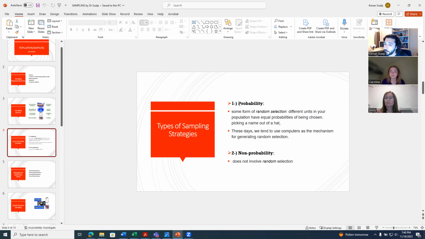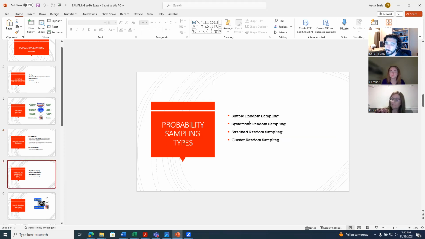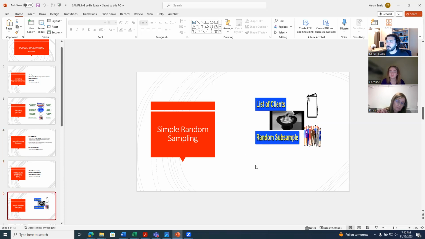So in terms of probability, we have these four sampling strategies: simple random sampling, systematic random sampling, stratified, and cluster random sampling strategies. Simple random sampling is literally like drawing a random name from the hat and putting it in your sample.